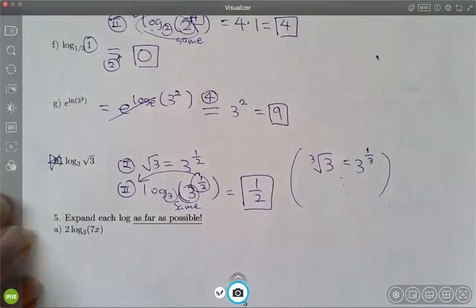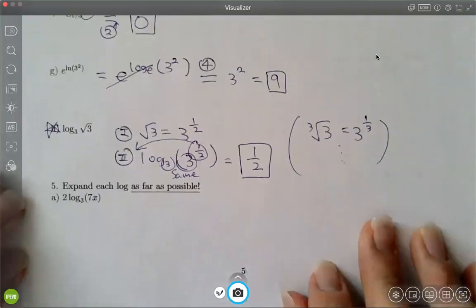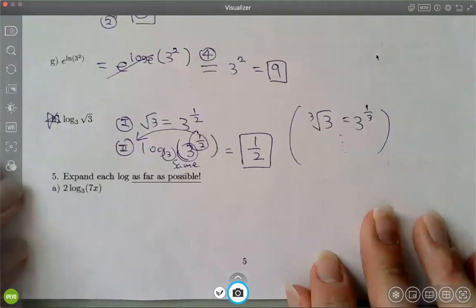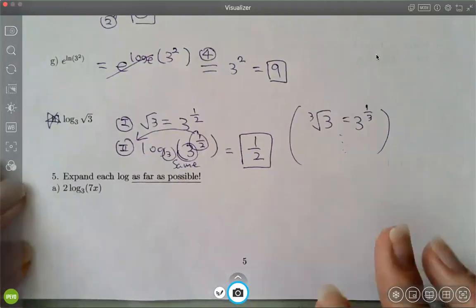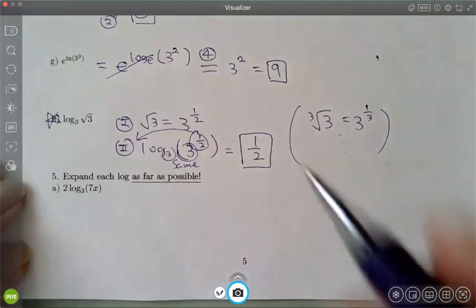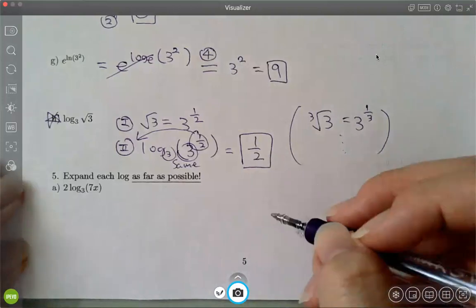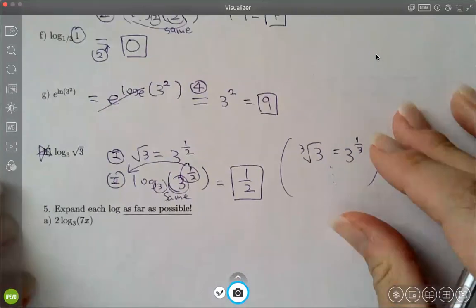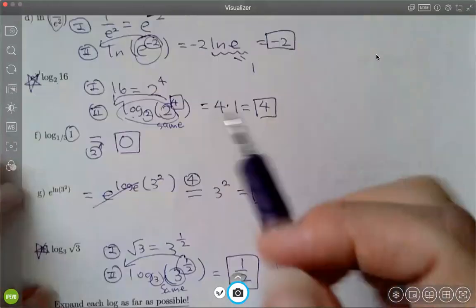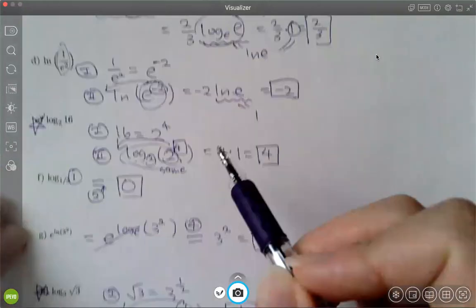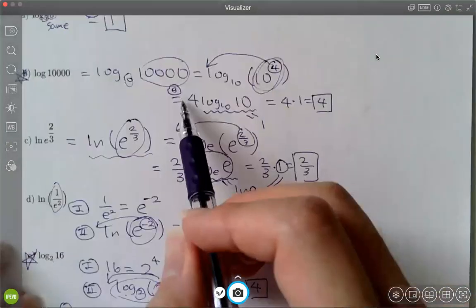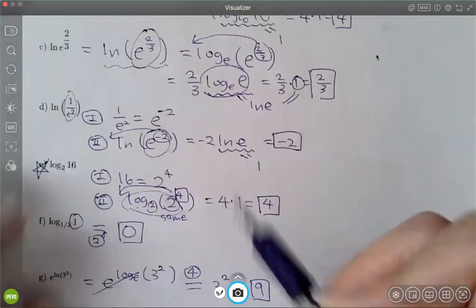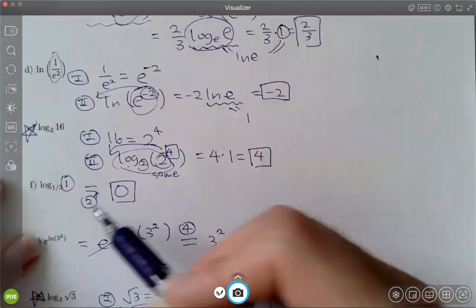Now, number 5, expand each log as far as possible. Now you will see other rules of logarithms here. We have used rule 4, then rule 3, then rule 2, and then rule 1.